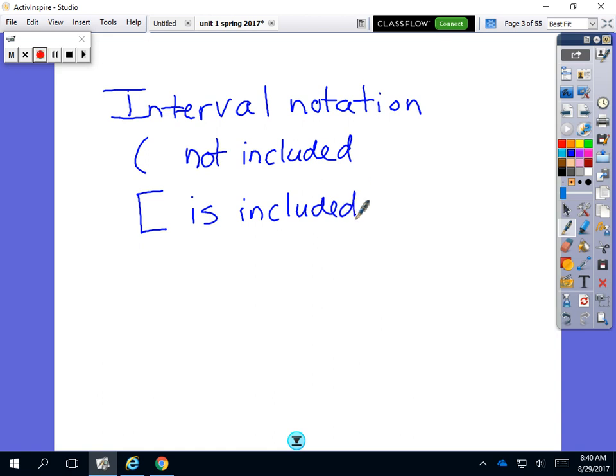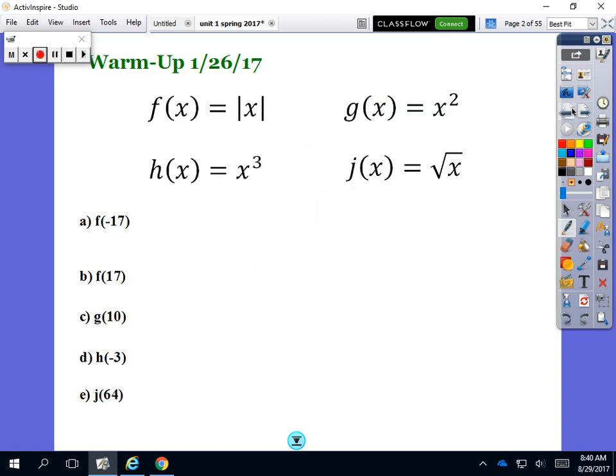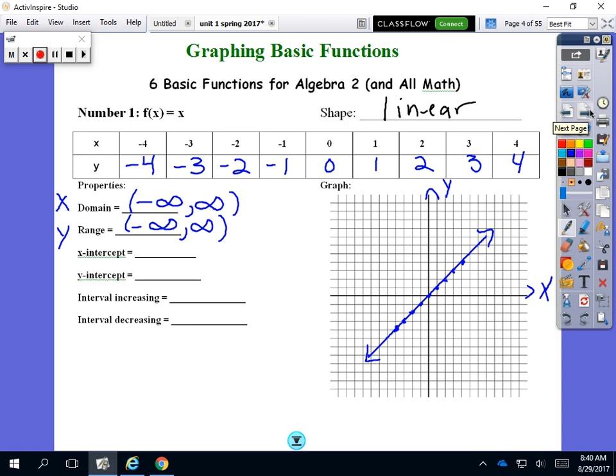And the reason for the one we just looked at, the reason we use round brackets for infinity, is because infinity is not actually a number. It's more of an abstract idea. So we don't say that infinity is included in our interval, but everything up to -infinity and everything up to +infinity is included in our interval.